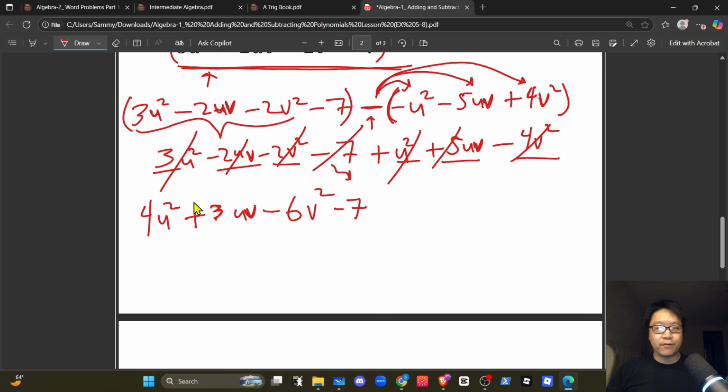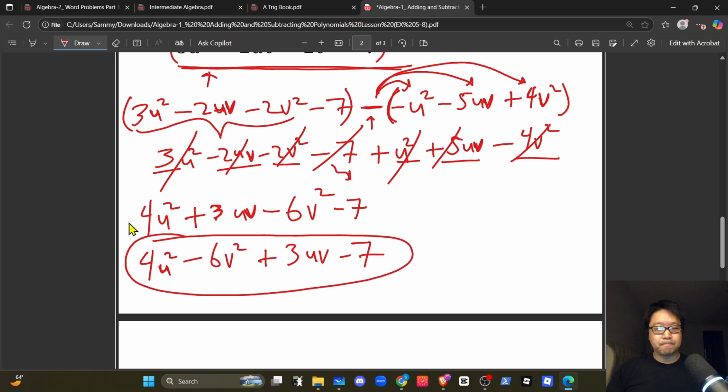Okay, and now we have our final answer. I'm going to rewrite this in descending order, in other words, from largest to smallest. It's going to be 4u squared minus 6v squared minus 3uv minus 7. And this is our answer.